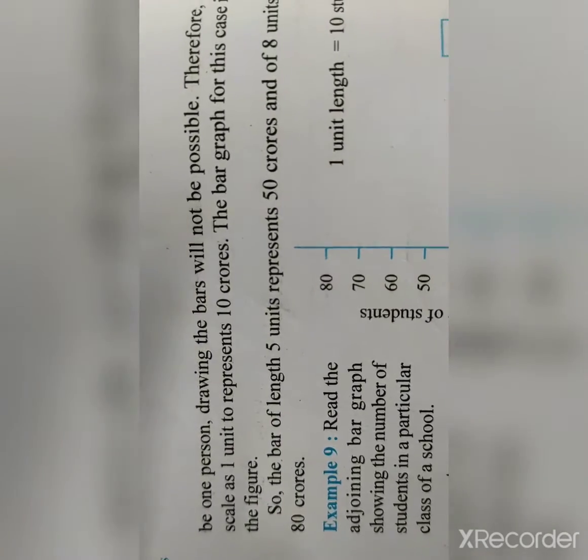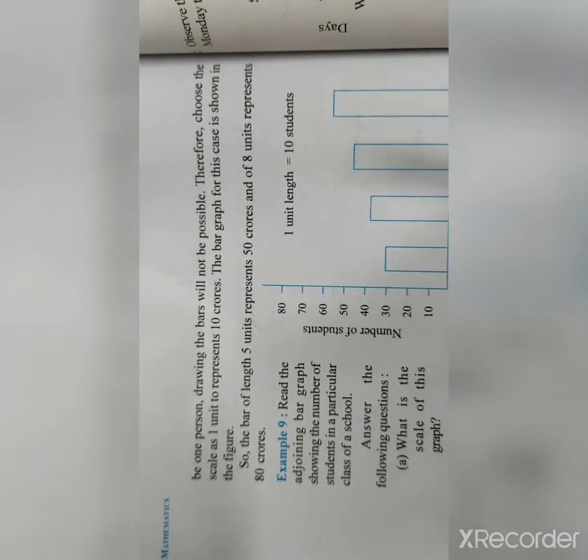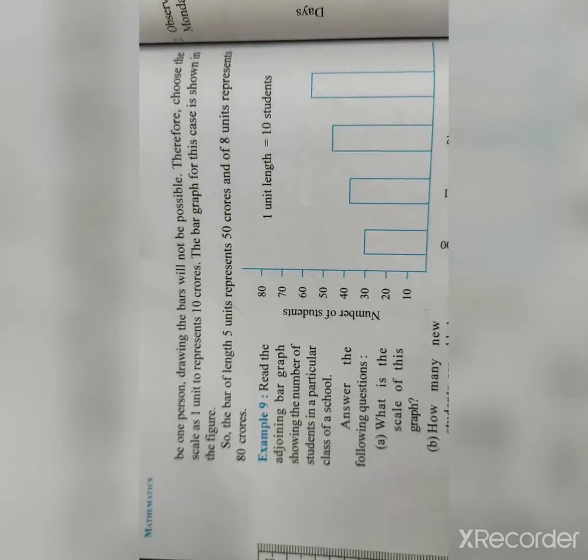How for one person we will draw the bar graph? It's not possible. Therefore, choose the scale as 1 unit to represent 10 crores. The bar graph for this case is shown in the figure. So the bar of length 5 units represents 50 crores and of 8 units represents 80 crores. It is clearly written there.